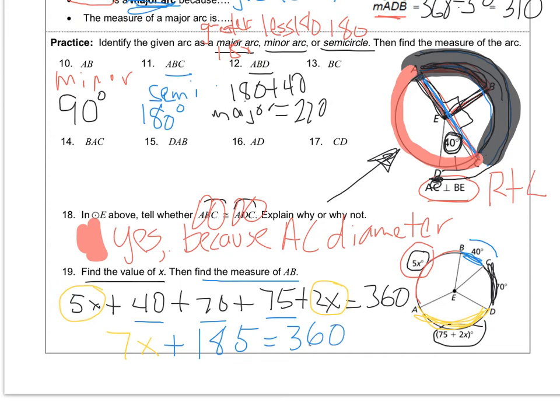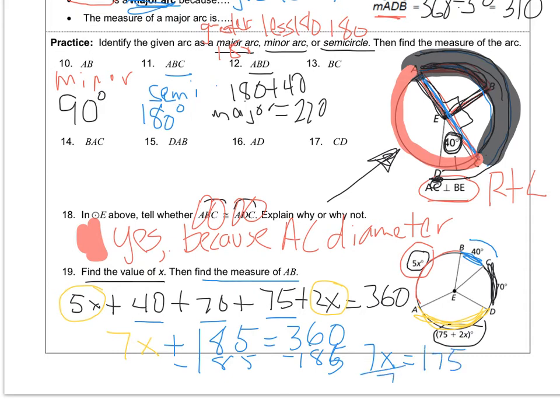Okay, so now it's just a two-step equation. Okay. Subtract 185. I'm going to kind of go over here to the side a little bit. Okay. And 360 minus 185 would give me 7x equals 175.